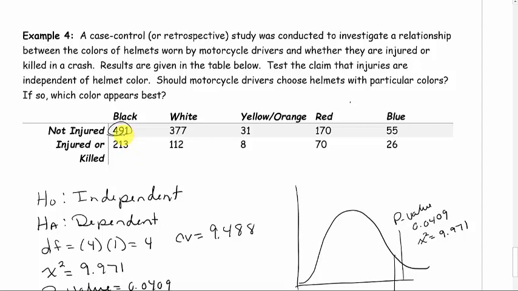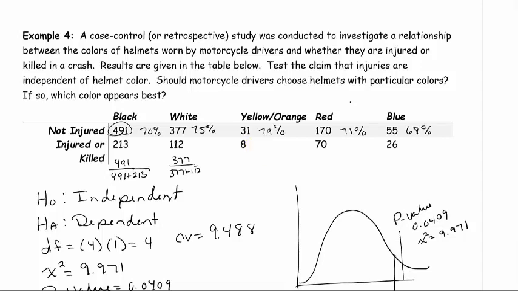And so you would do 491 divided by the quantity 491 plus 213. And so you could do that calculation for each number in your table. So 377 divided by 377 plus 112, and so on down your table. And I'll go ahead and fill in those percentages.